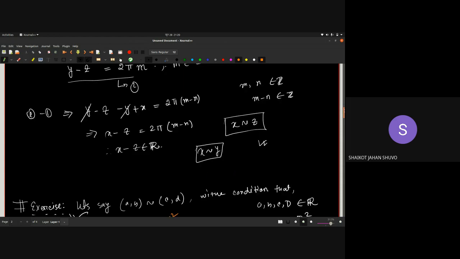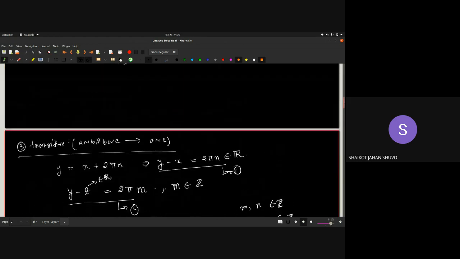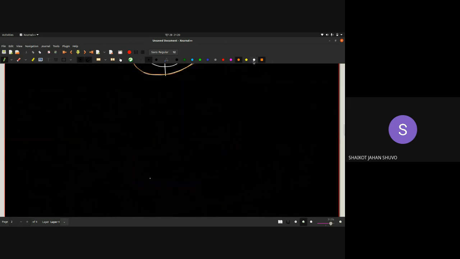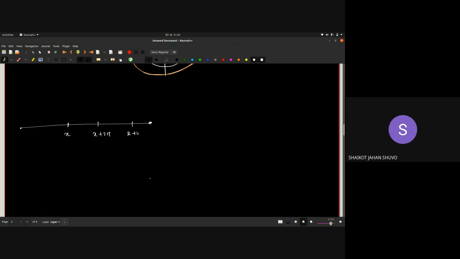And the example that we did earlier is y equals x plus 2 pi n. It's a very nice thing. Let's say this is your real number line, and let's say this is x. So this is x plus 2 pi. Let's say this is x plus 4 pi, right?